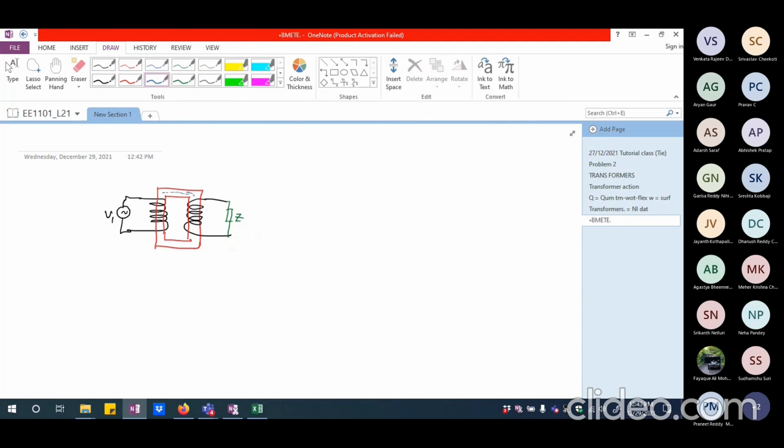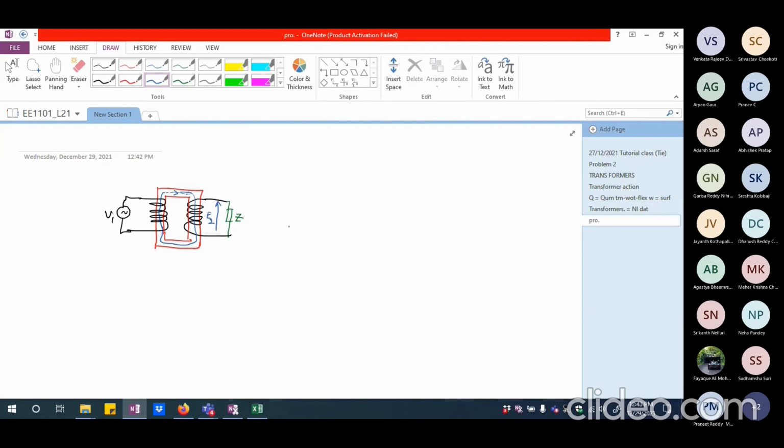So the flux is established in the core, which is actually shown like this. So this is going to be the flux. Because of the flux established, there is a voltage induced, which is E2. I may call this E2 or V2. So this is the voltage induced.